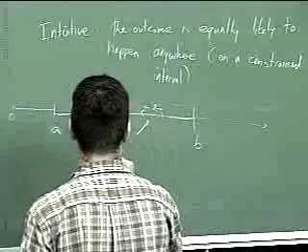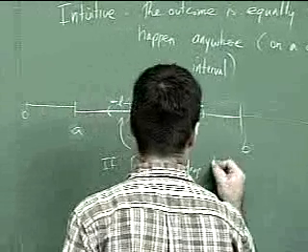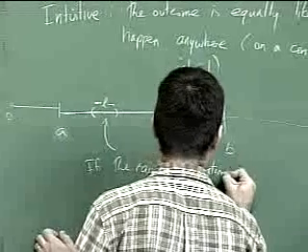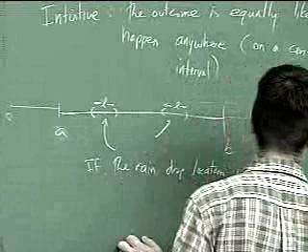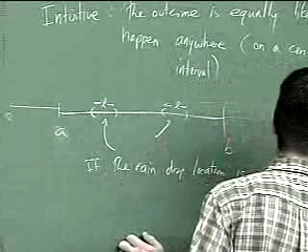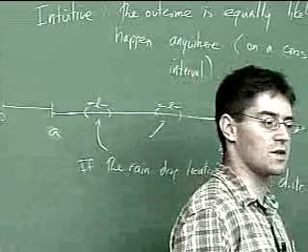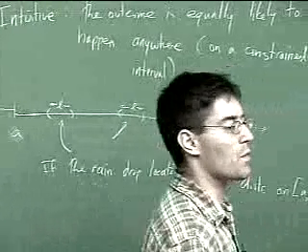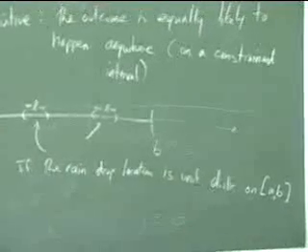If the raindrop location is uniformly distributed on the interval ab, and again, we don't care if we use brackets or parentheses because we don't care about the endpoints, because the probability of something actually happening at an endpoint is 0, right?